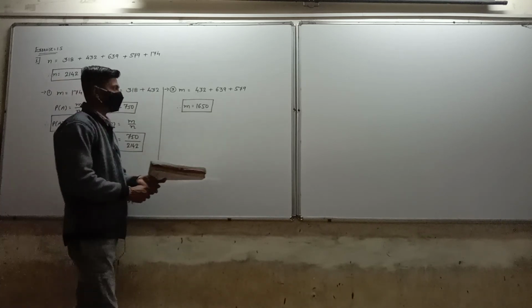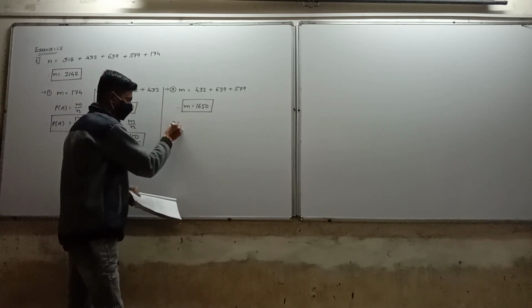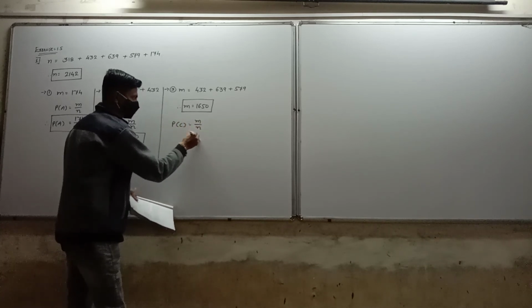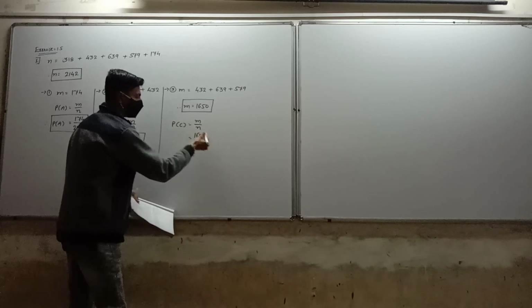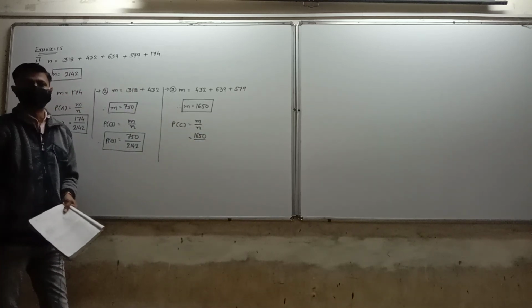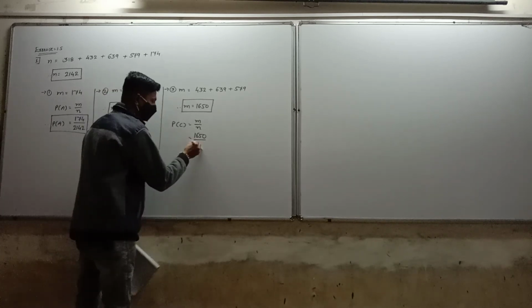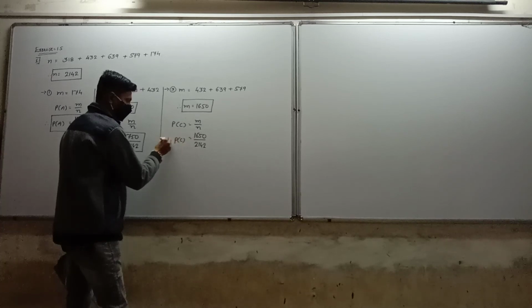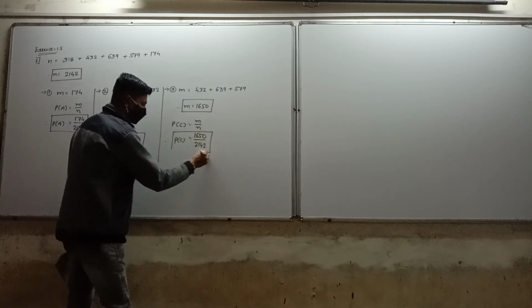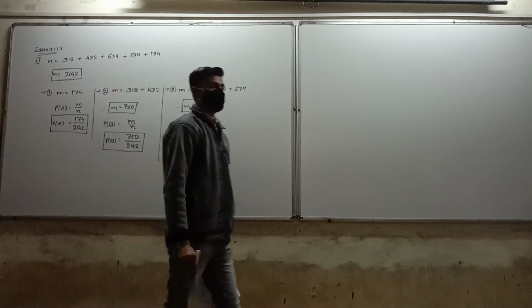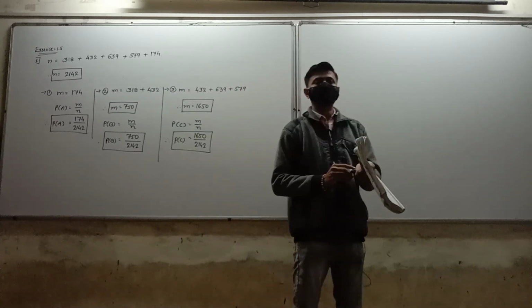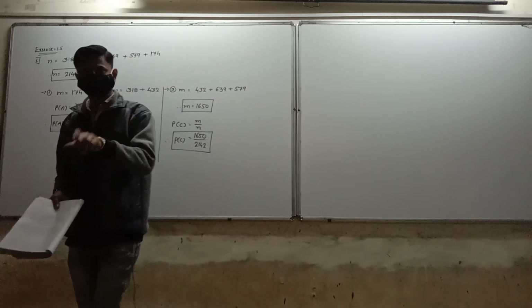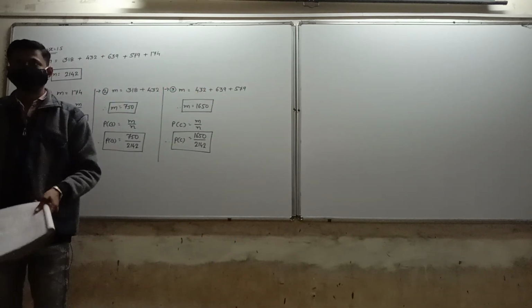Find P of C, M upon N, 1650 upon total number of outcomes N, 2142. This is your final answer P of C. Probability is 1650 upon 2142. Here completed question number 1.